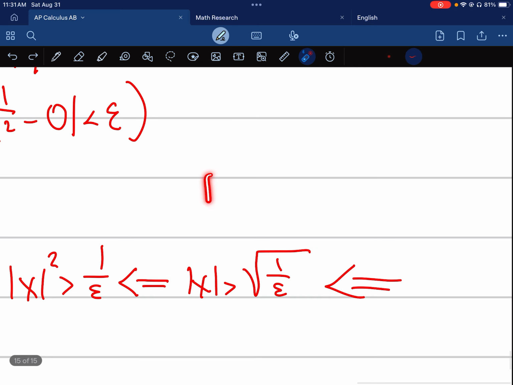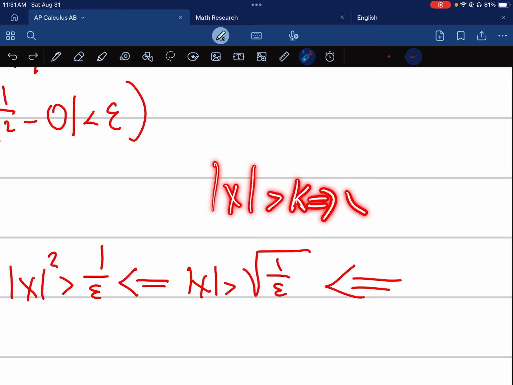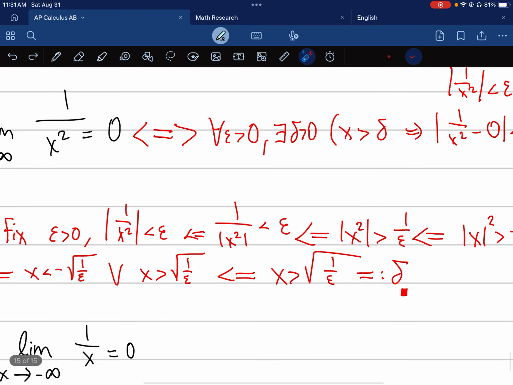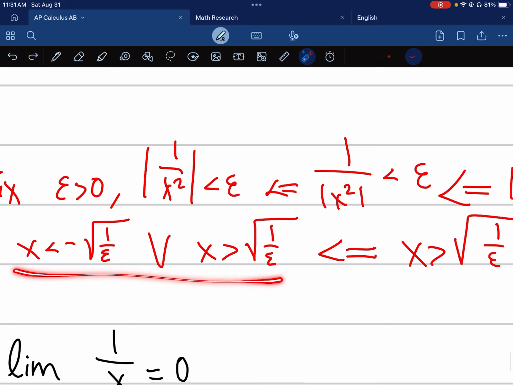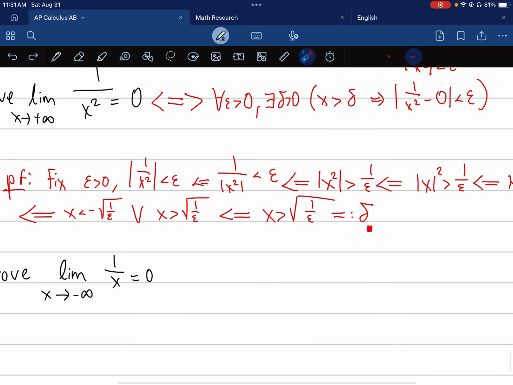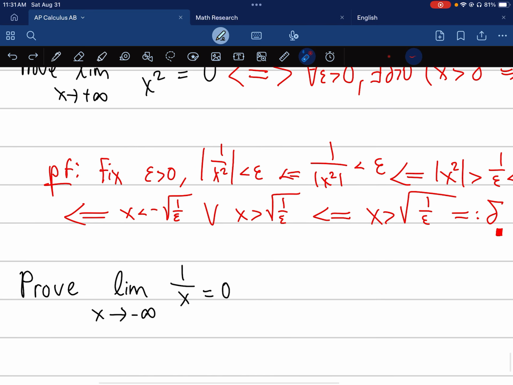If you don't recall, the absolute value of x being greater than k implies that x is less than minus k, or x is greater than k. And this is just implied by, like I said, the disjunctive inequality. If we had the absolute value of x less than, we can use a triangle inequality, so that's some building problem solving.